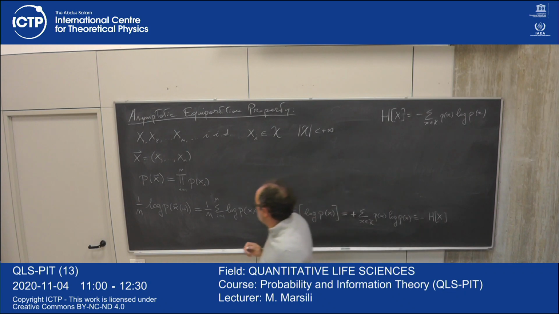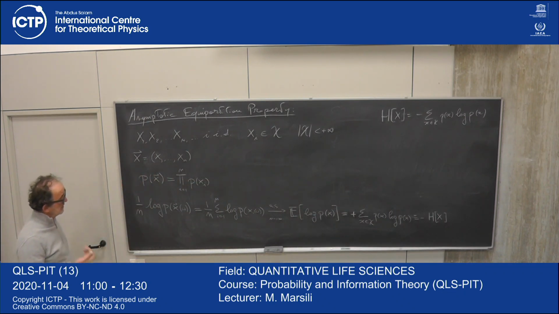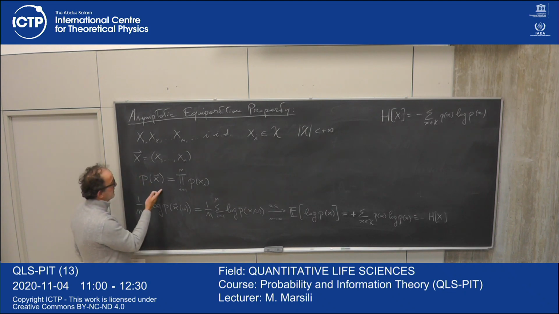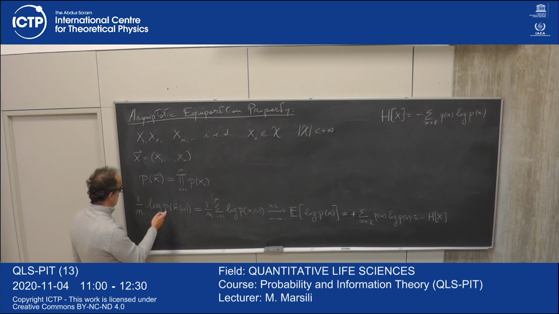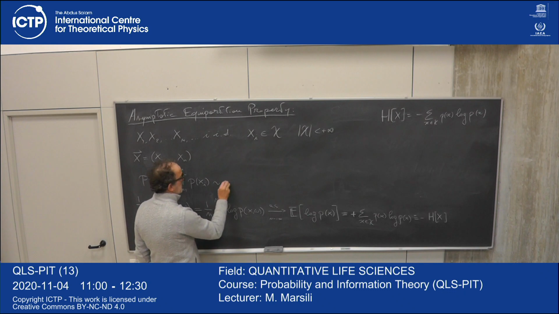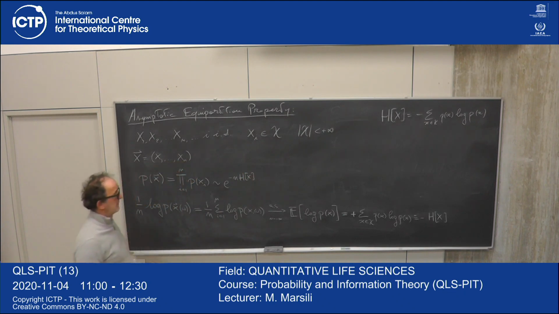So what we learned is essentially that if n is large enough, then the probability of a random sequence will be essentially almost surely of the order of e to the minus n times the entropy of the random variable x.